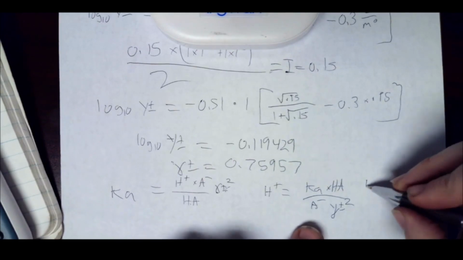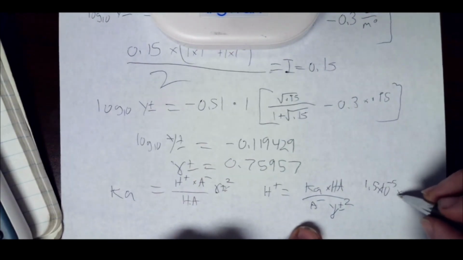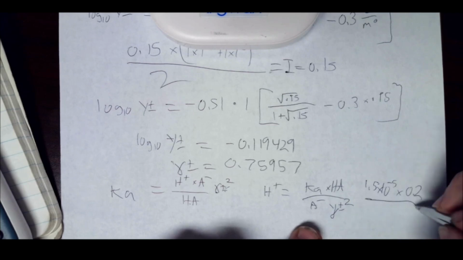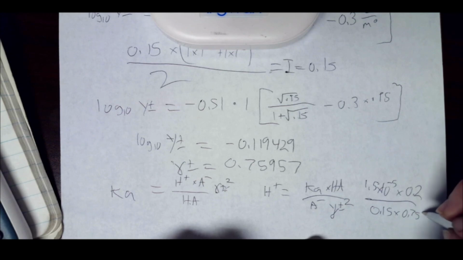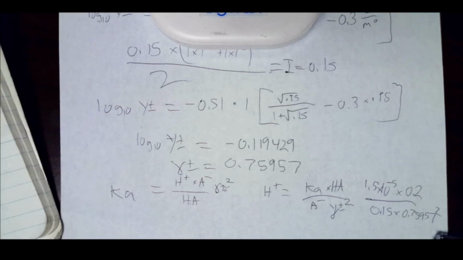So 1.5 times 10 to the negative fifth times 0.2 over 0.15... Oh, no, I did something wrong.